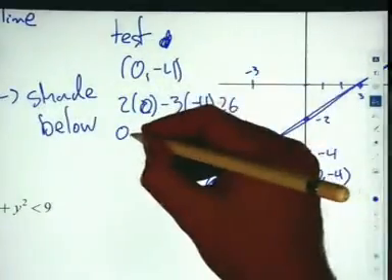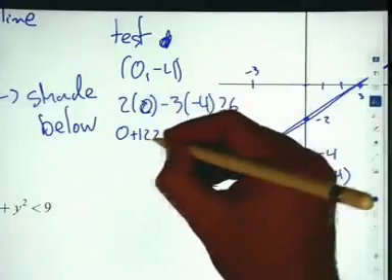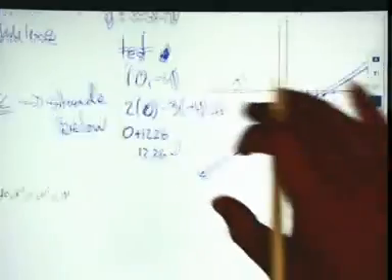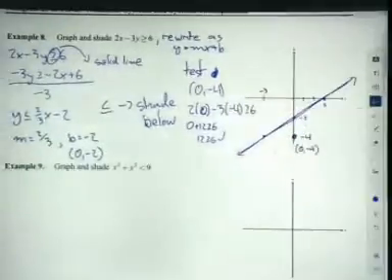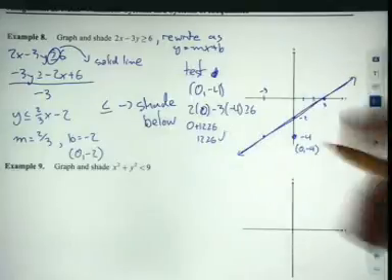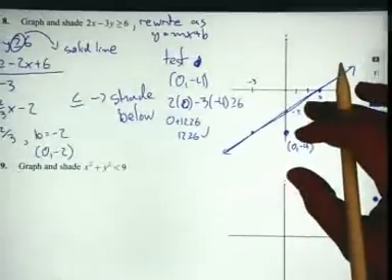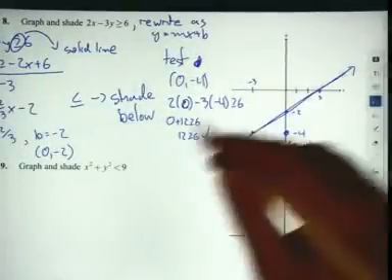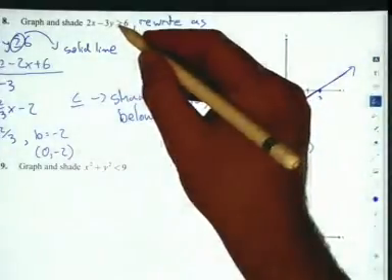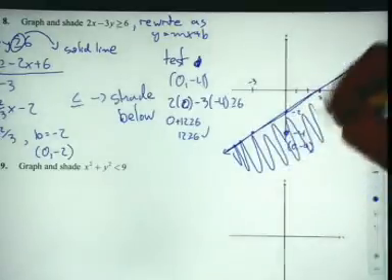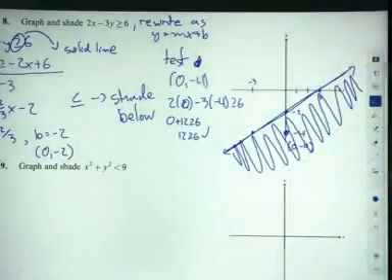That's 0 plus 12, and 12 is indeed greater than or equal to 6. Check. That's a quick way to test whether to shade above or below: plug in a test point. If I put in the counter test point 0, 0, 0 is not greater than 6, so that's why it's not above. So we shade the half plane below.